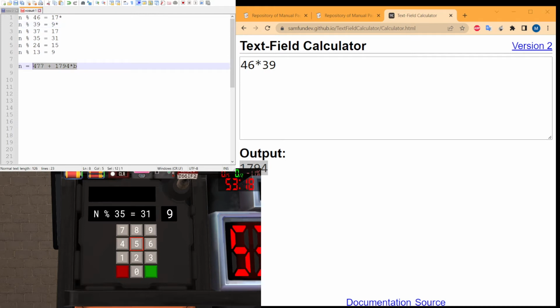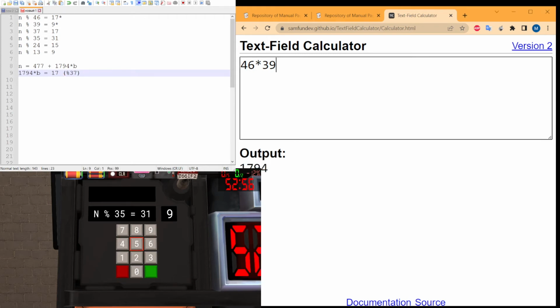Now take this new equation and do the same again for the third equation. Take the main equation and do the same step for the next unused equation. So it's going to be 17, modulo 37.